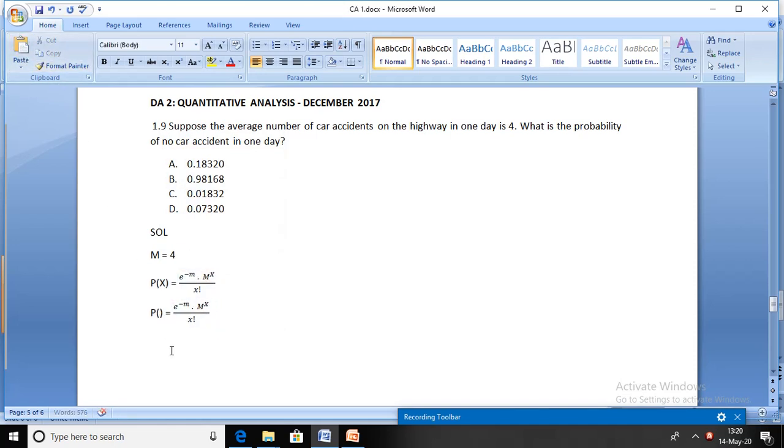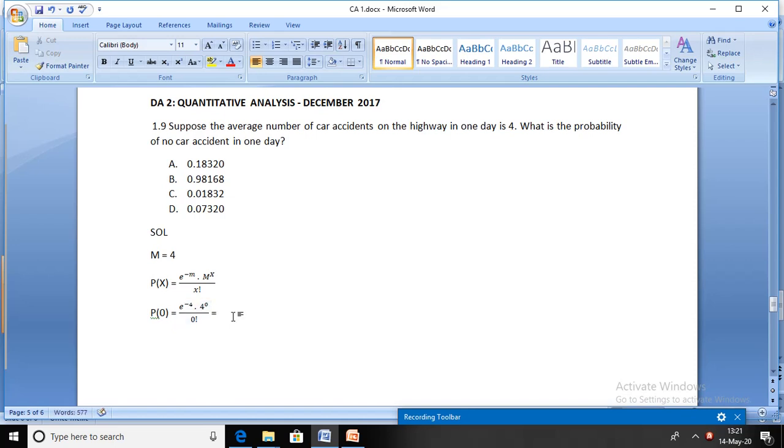So the probability of 0 is going to be exponential to the power negative 4 multiplied by 4 to the power x, which is 0, divided by 0 factorial.